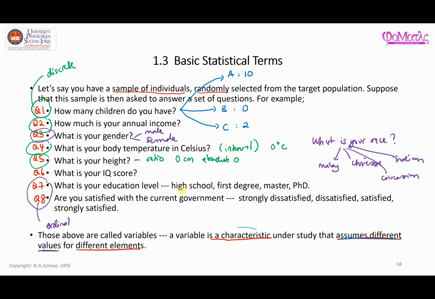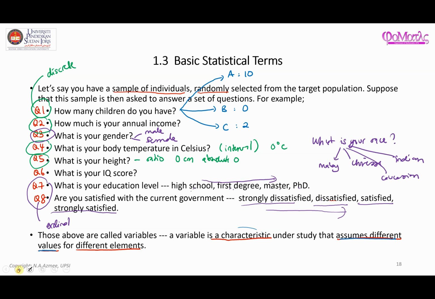Even though there are four categories: high school, first degree, master, and PhD, there is some sort of ascending order. Similar to this one, these are all categories, so they are not numbers, they are words. For example, are you satisfied with the current government? Strongly dissatisfied, dissatisfied, satisfied, or strongly satisfied. I hope you can see that there is some sort of order to these answers.